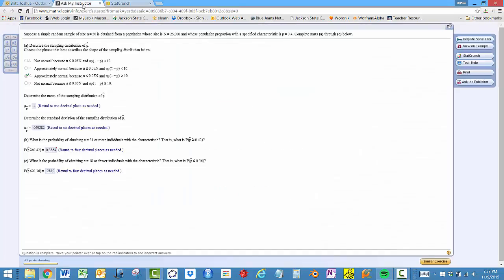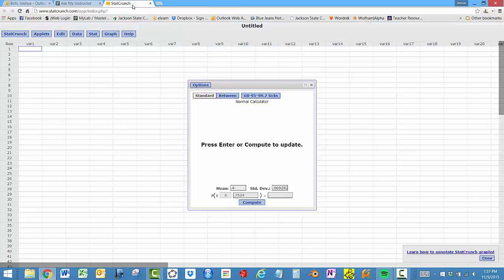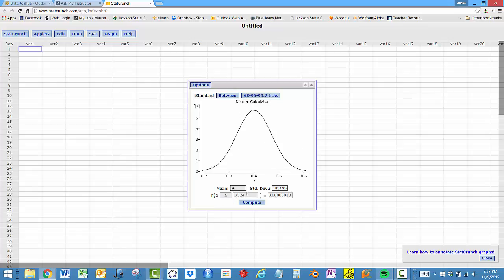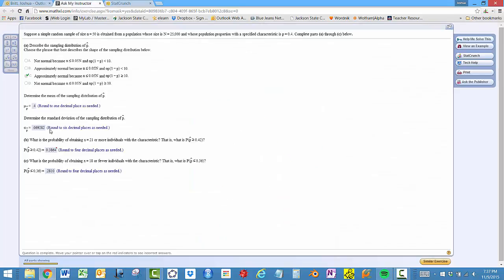And we want to know probability greater than 0.42, and we get 0.3864, which is the correct answer.